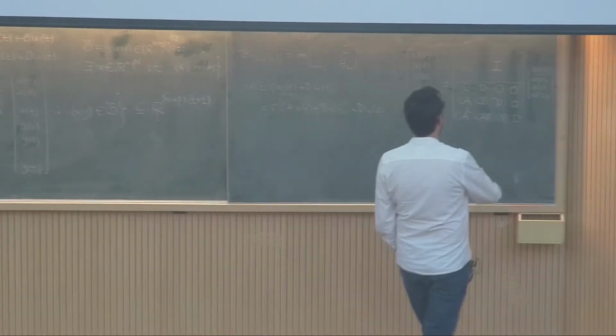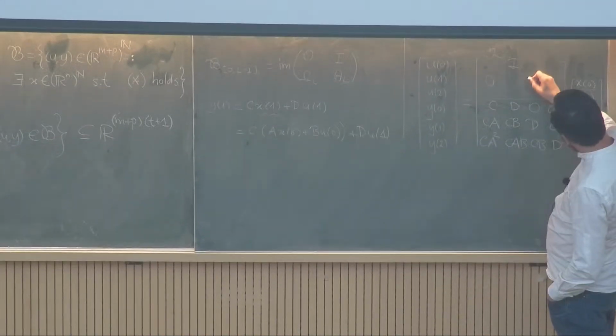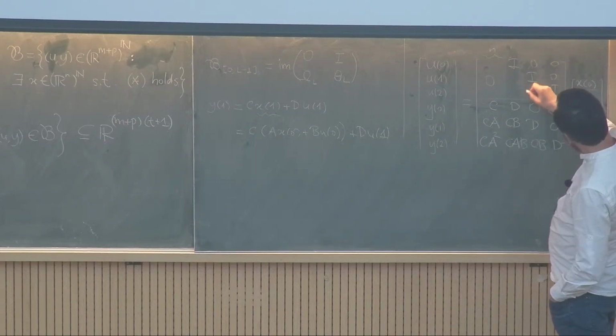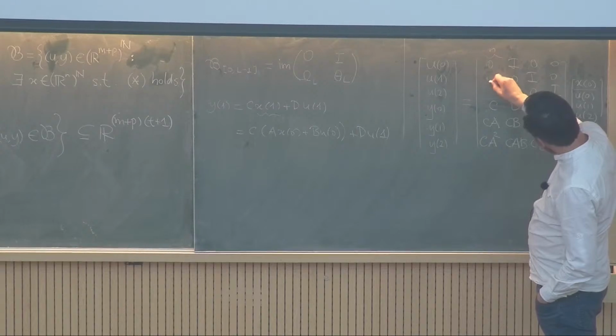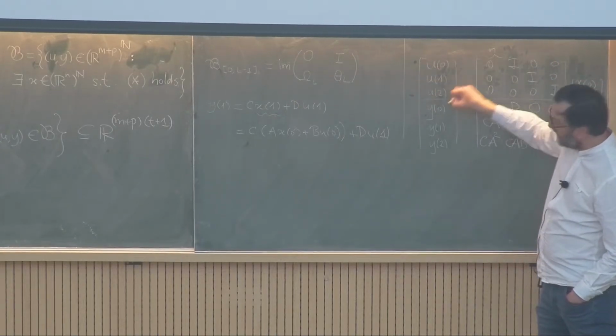Upper one. Okay. And so if I multiply, maybe I can write even identity, identity, identity, and zeros here to make it clear. 0, 0, 0. Let's look at this one. 0 times x0, identity times u0, it is u0. And this is going to be u1, this is going to be u2. And that is what I have on the left-hand side.